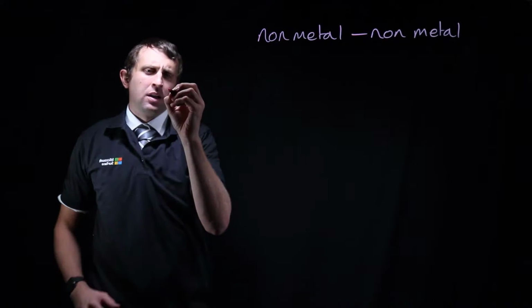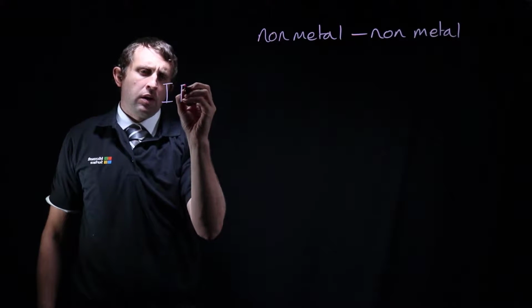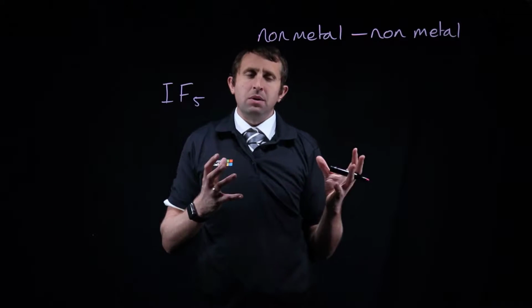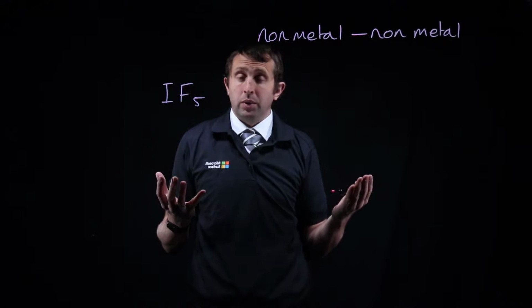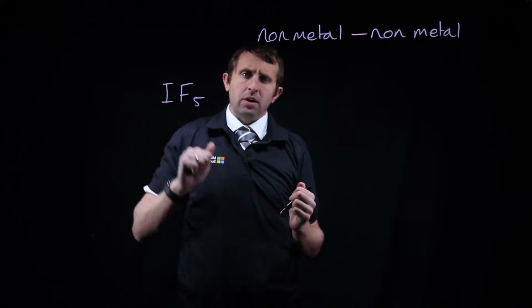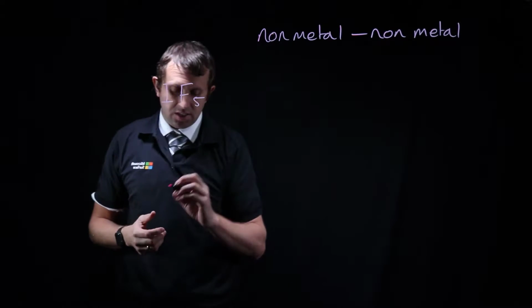Let's take this one here, IF5. Well, we name them in a similar way to how we named our ionic compounds. So we take the first part of the name, in this case this is iodine.